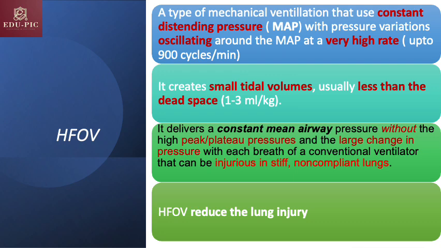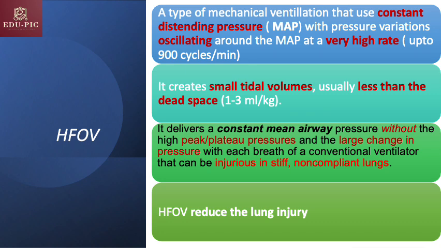It's a type of mechanical ventilation that uses a constant distending pressure, which is a MAP or mean airway pressure, with the pressure variations oscillating around the MAP at a very high rate, up to 900 cycles per minute. It creates small tidal volumes, usually less than the dead space, about 1 to 3 ml per kilo.